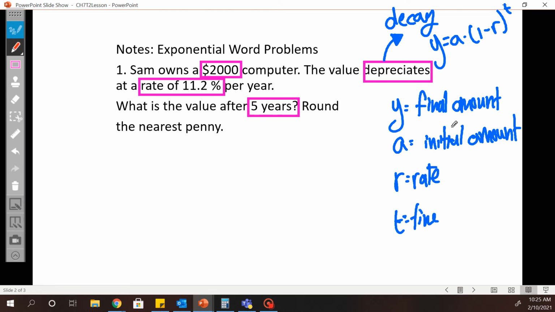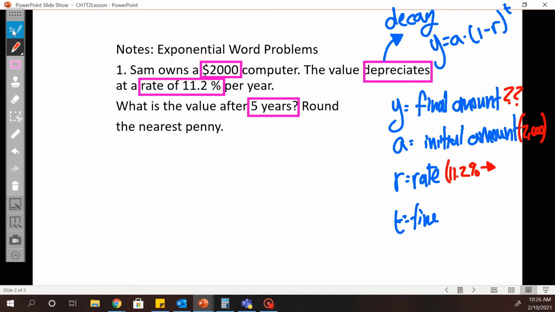We have all of this information except for the final amount. We have the initial amount, that's 2,000. We have the rate, that's 11.2%. Now don't forget, this needs to be converted to a decimal.